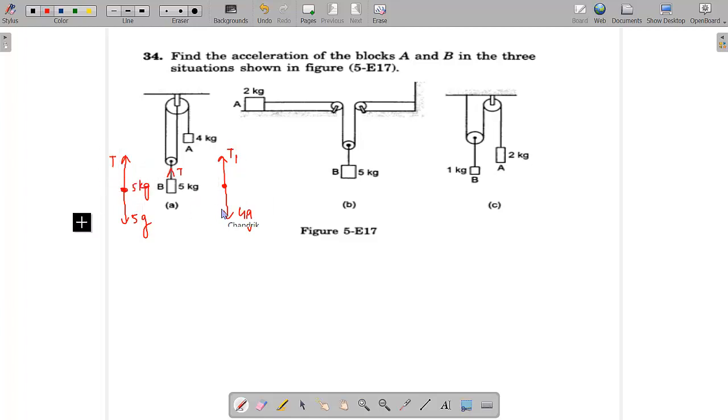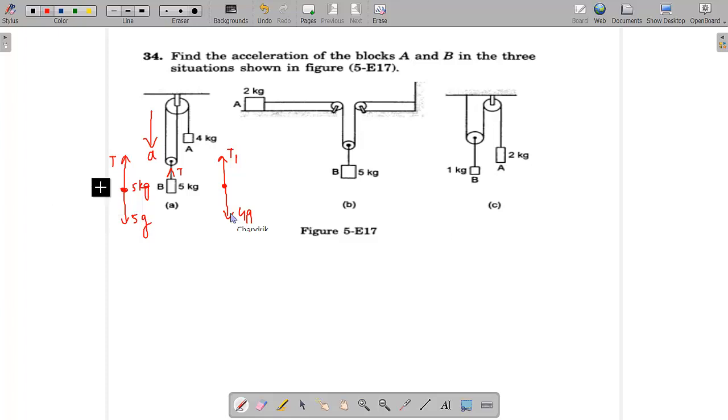Since it is going to move, we have to consider one direction in which the body is going to move. By seeing the figure, we think the body should go downwards, so let's consider the acceleration A downwards. Now let's start writing the equations.